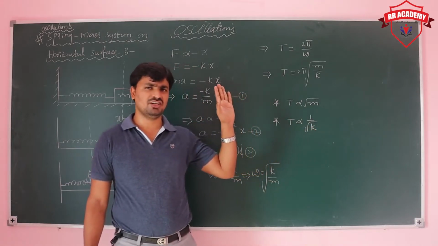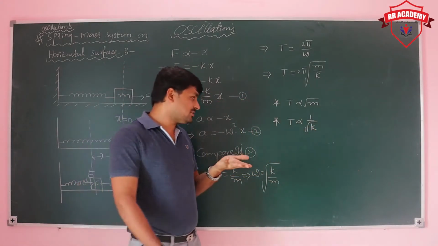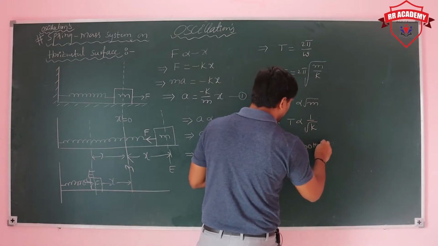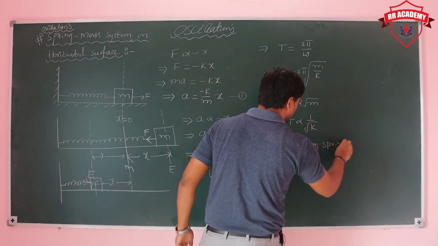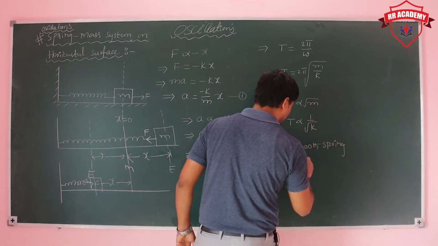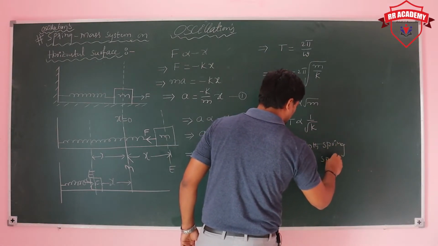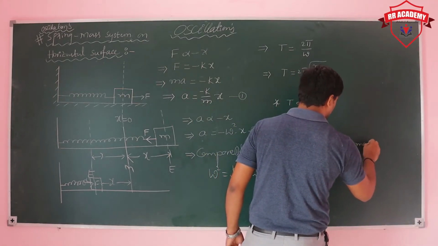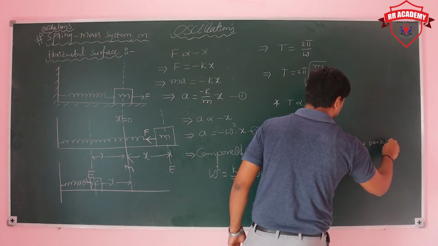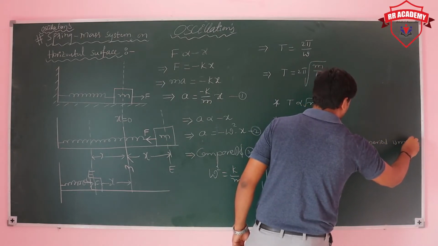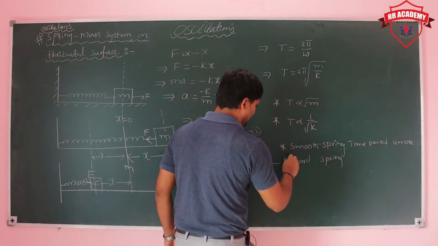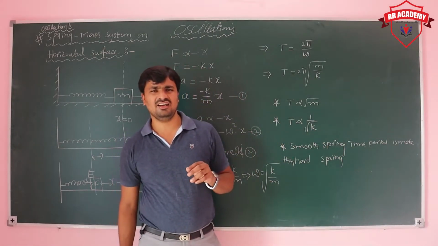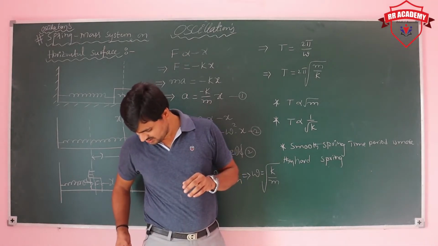I told you that for a smooth spring, the time period is more than for a hard spring. Smooth spring time period is greater than the time period of the hard spring.